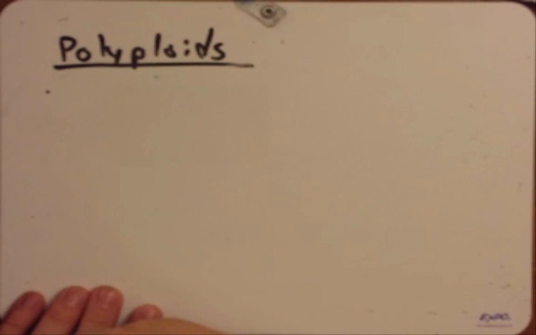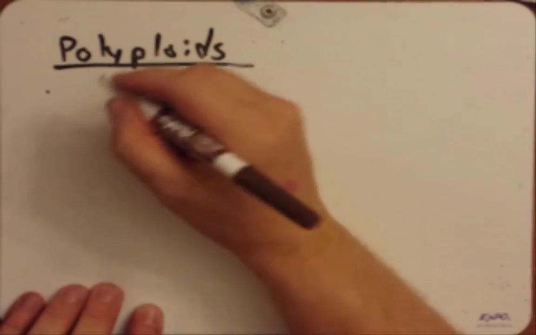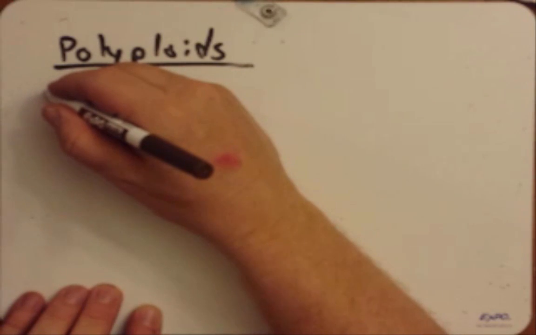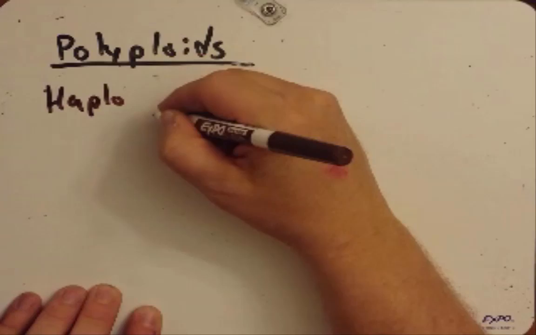Now, we said that polyploids don't usually exist in animals. We do see some things that are close to polyploids in animals that bear mentioning here. And the first is sometimes animals are what is called haplodiploid.